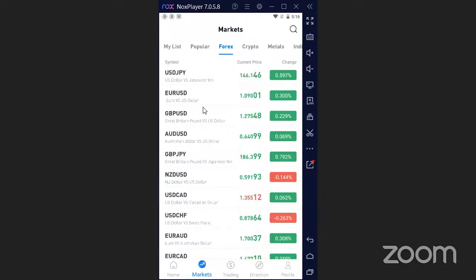Now that you are trading with your smartphone or your PC, who is taking your order? Who are you buying from? Who are you selling to? That is where the brokers come in. Those brokers are the ones that take your order. If you are selling, there's another person that is buying, so they do these things automatically. They take your order, they take the other person's order, and they exchange it.